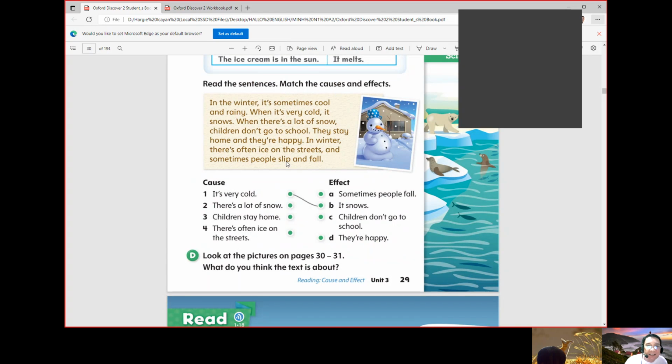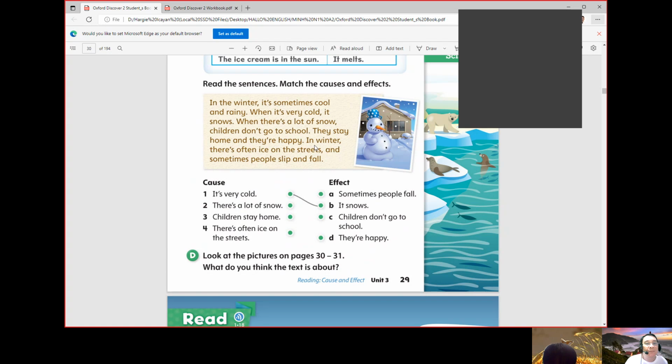Okay, now let's try to do this one. Read the sentences in here and match the causes and the effects. Let's read this first. Can you read this, Min? In winter it is sometimes cool and rainy. When it's very cold, it snows. When there is a lot of snow, children don't go to school.